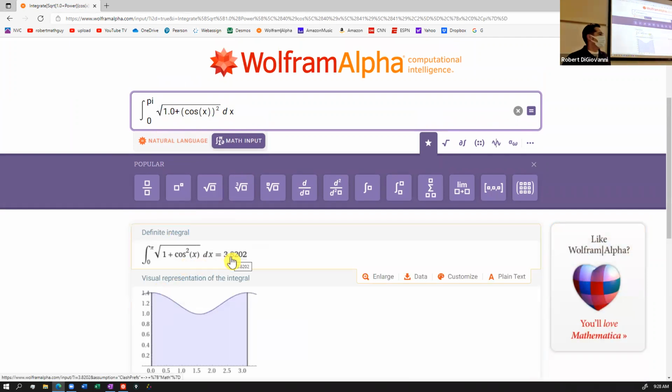3.82, right? So I just told you that the computer is telling us we cannot integrate that by hand, right? Yet it was able to get 3.82 as an answer and it didn't take the computer much time, right? So what's happening here? What's happening is that the computer is using series.